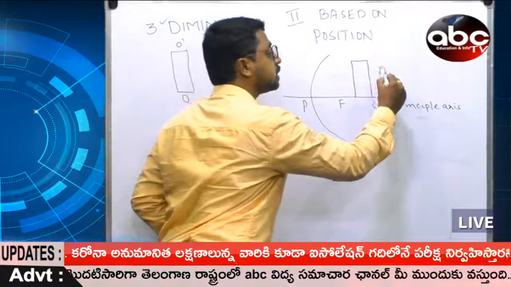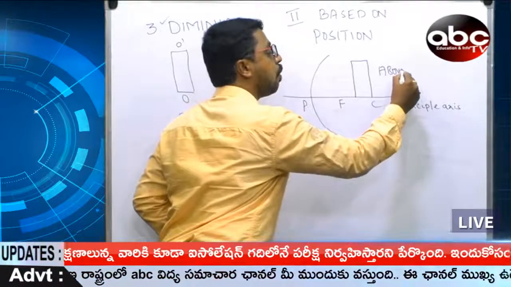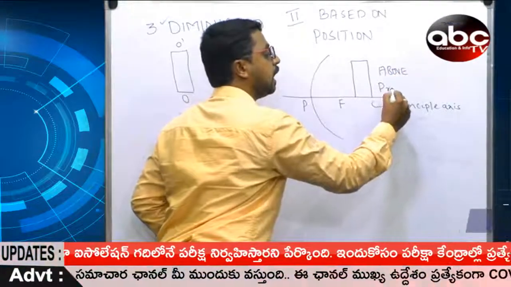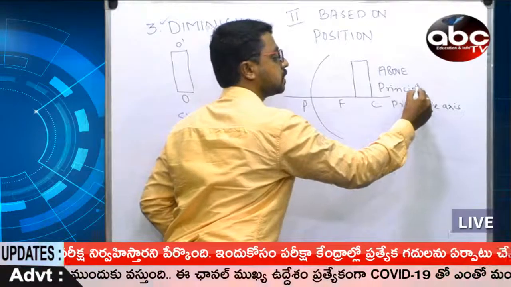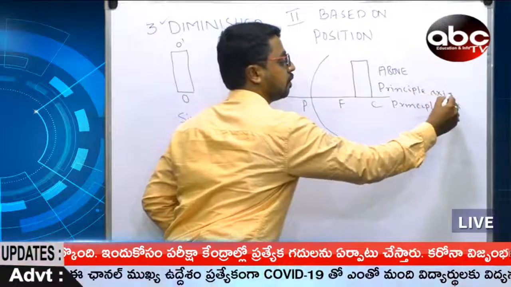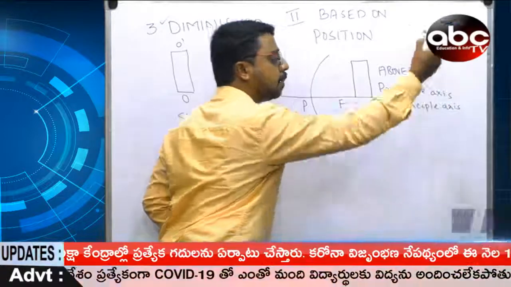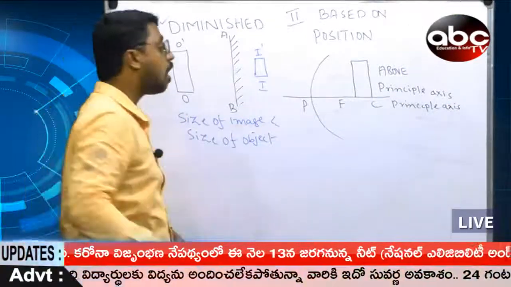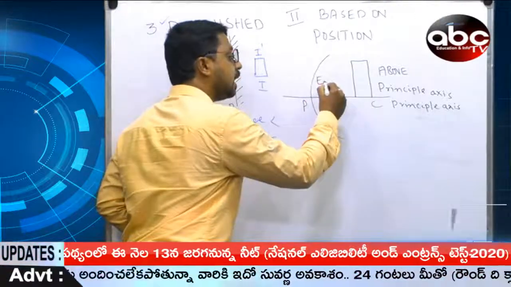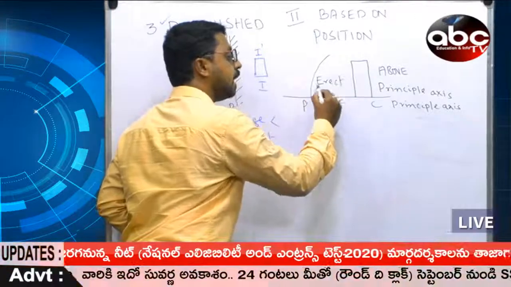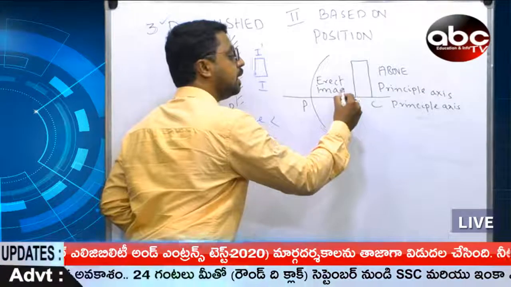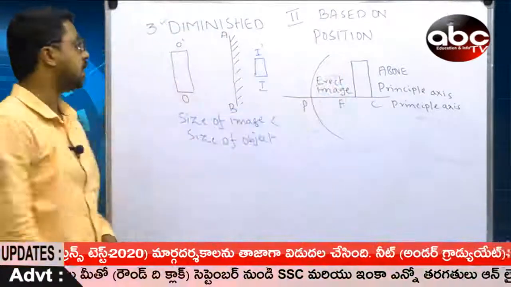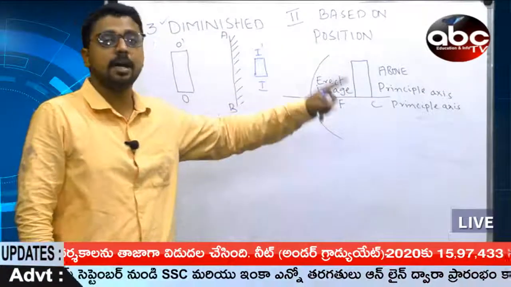This is above the principal axis. Such types of images are called erect images.